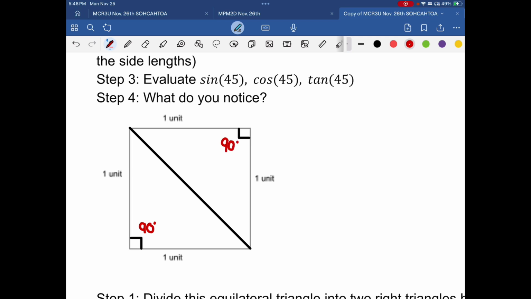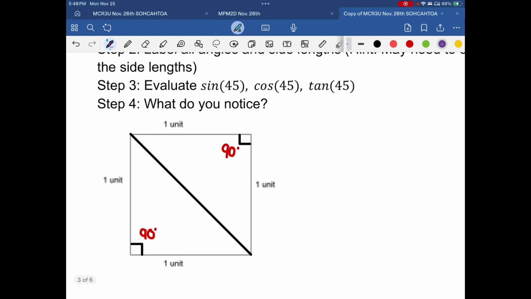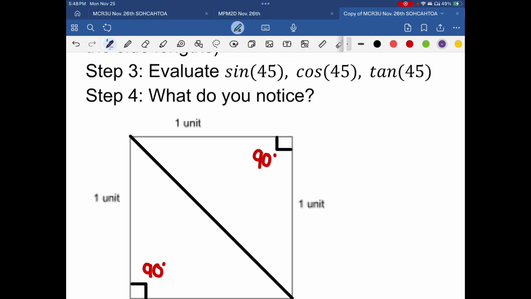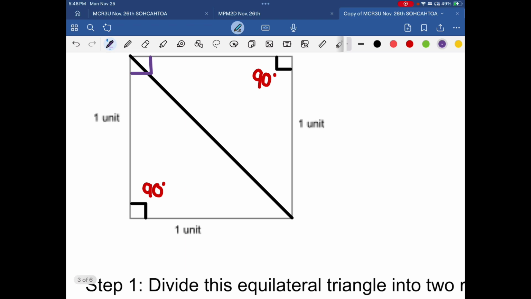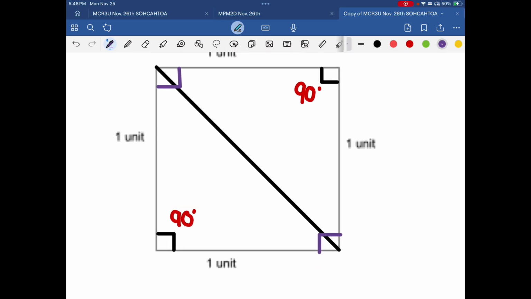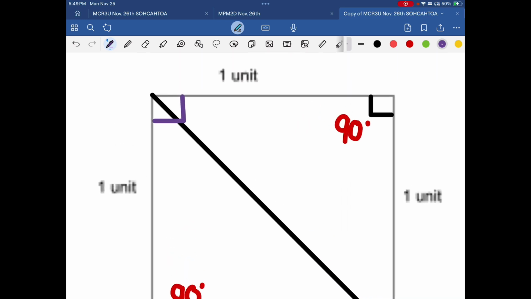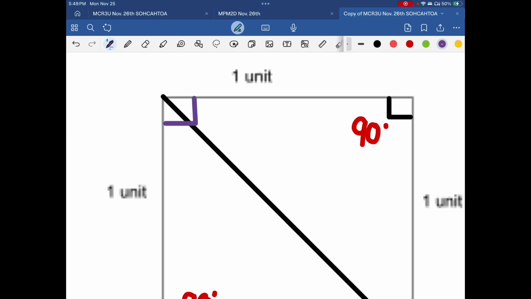Okay, so very interesting. Since we originally had a square, I know that all angles in a square are 90 degrees. Well, I split this perfectly in half.